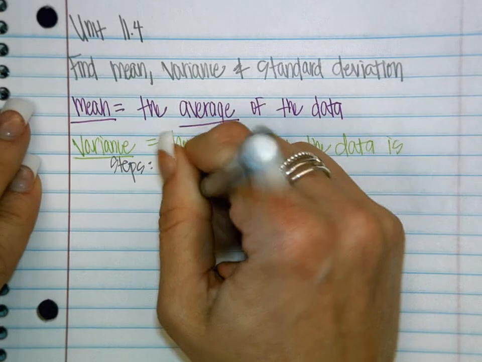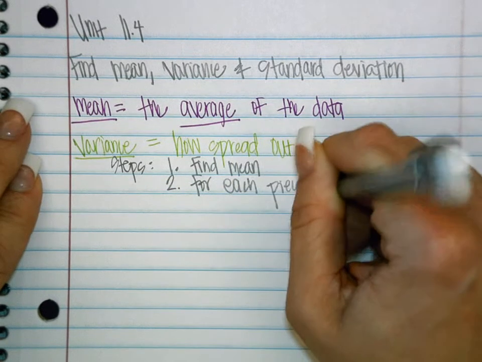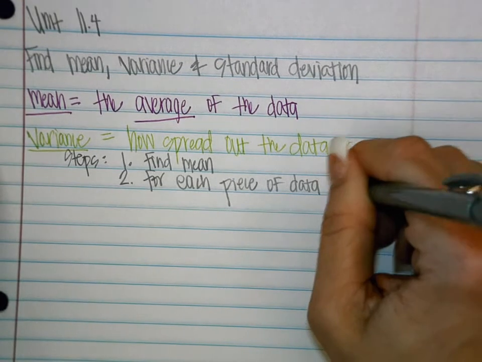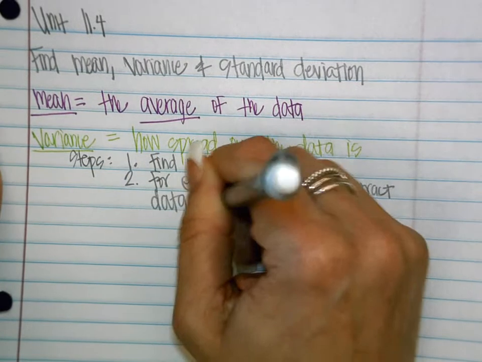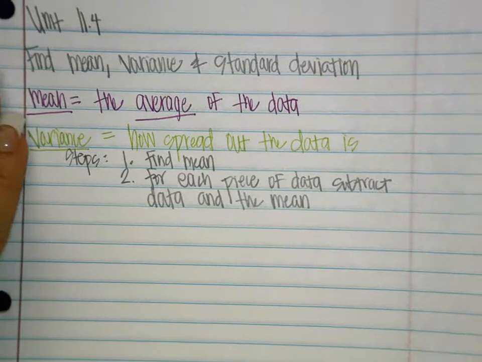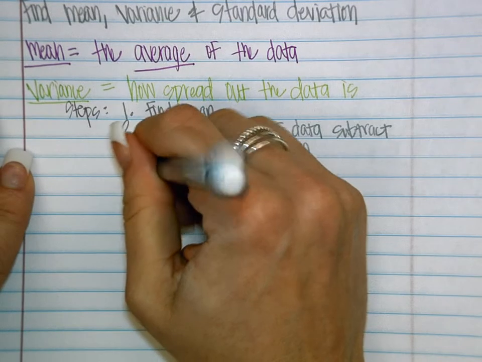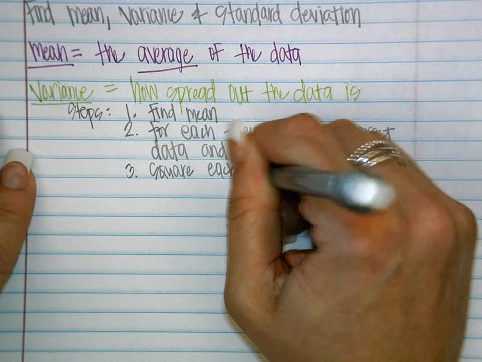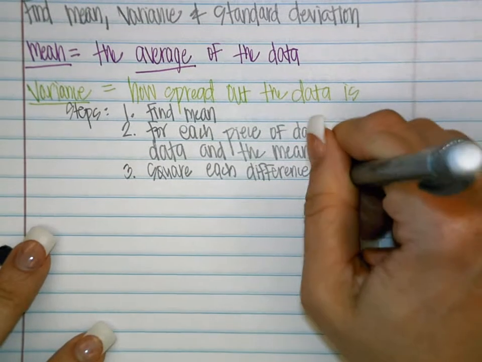Step 2 is, for each piece of data, subtract the mean from the data. Step 3 is to square each difference from step 2.